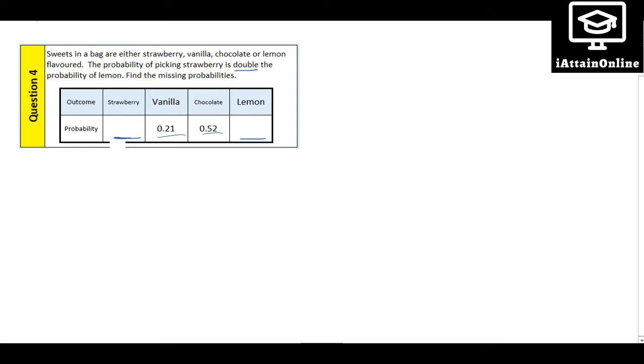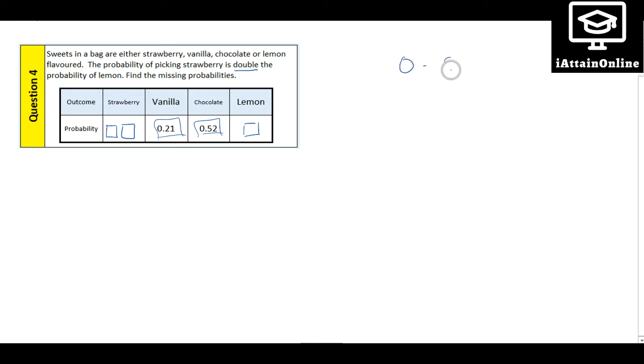So actually, I'm going to use the boxes again, and I'm just going to put 1 box in lemon, and because the probability of picking strawberry is double the probability of picking lemon, I'm just going to put 2 boxes in there. So we'll come back to those in a second. I'm going to add these up to start with.